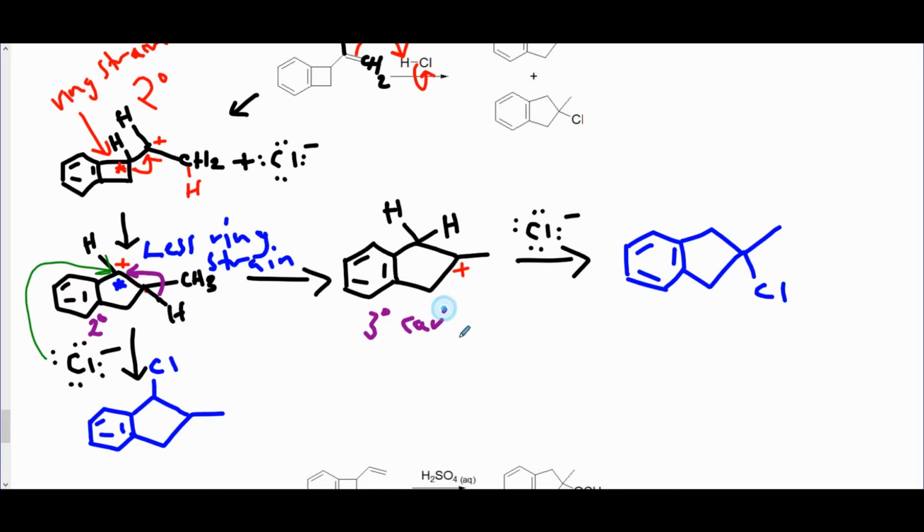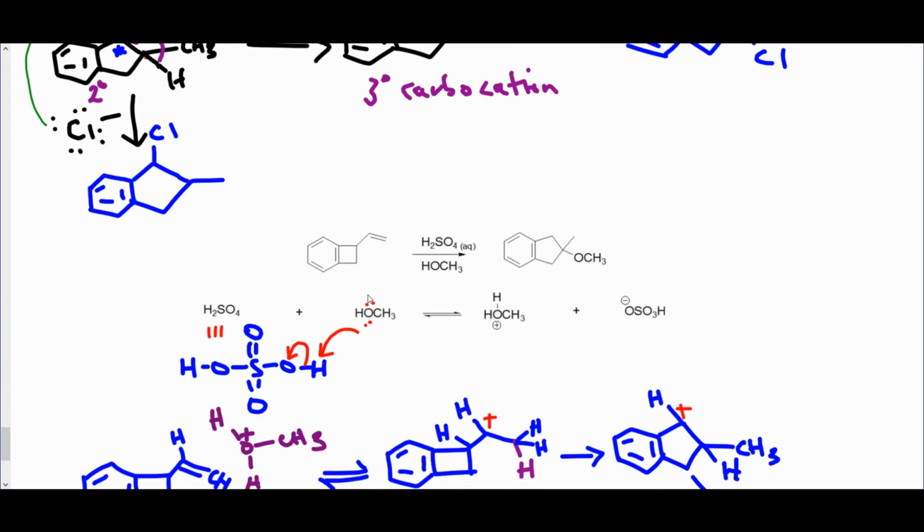Now if you don't know about hydride shifts and methyl shifts, please watch the video that I did on carbocations. The link is posted in the description below this video. It's going to give you a good refresher before you look at this synthesis, because this is more complex. Now once you get the tertiary carbocation, the chloride might choose to attack here to get that.